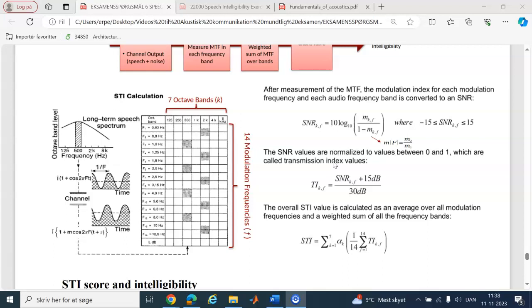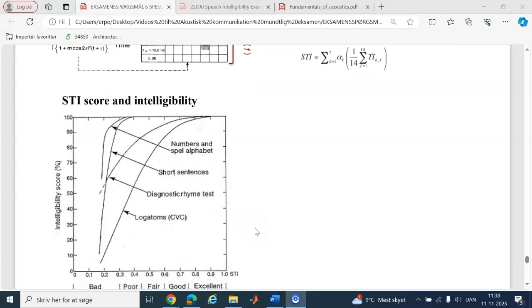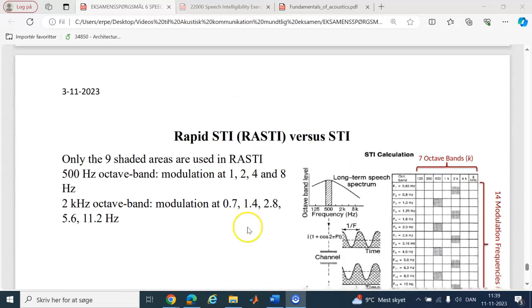Then the STI is an average of the contributions from all 14 modulation frequencies in each of the 7 octave bands. So 7 times 14 is 98 numbers, and you get a summation of this. Okay. So you translate the STI to intelligibility as before. And RASTI is a faster version.